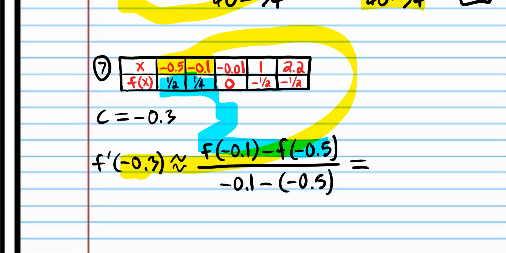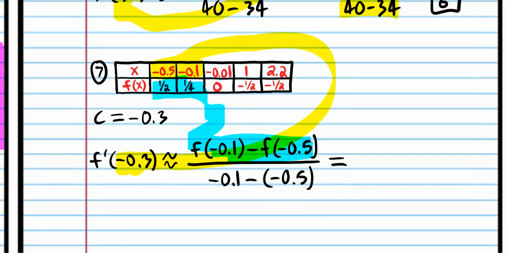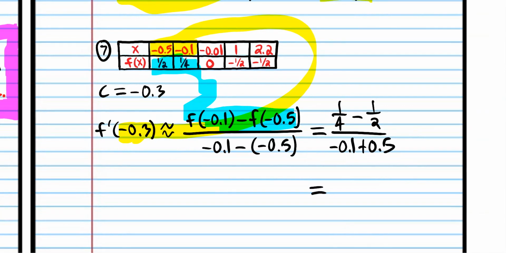So f of negative 0.1 is 1/4. f of negative 0.5 is 1/2. And then we have negative 0.1 plus 0.5. And we get negative 1/4 over 0.4.